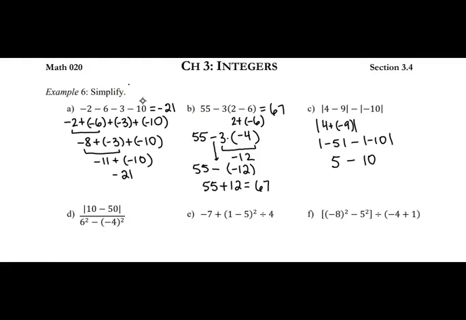Now I have the last piece of the puzzle, 5 minus 10. I'm going to insert my plus sign, and now it is an addition problem, 5 plus -10. So 10 is greater than 5. That means the answer is going to be a negative number, and then the difference between 10 and 5 is 5. So the answer to part C is -5.